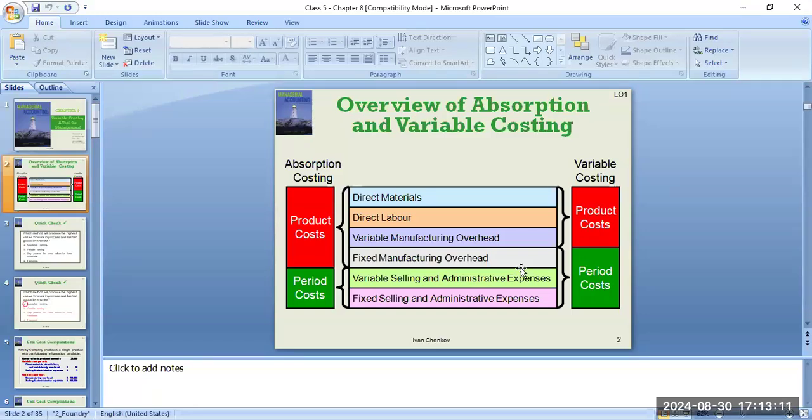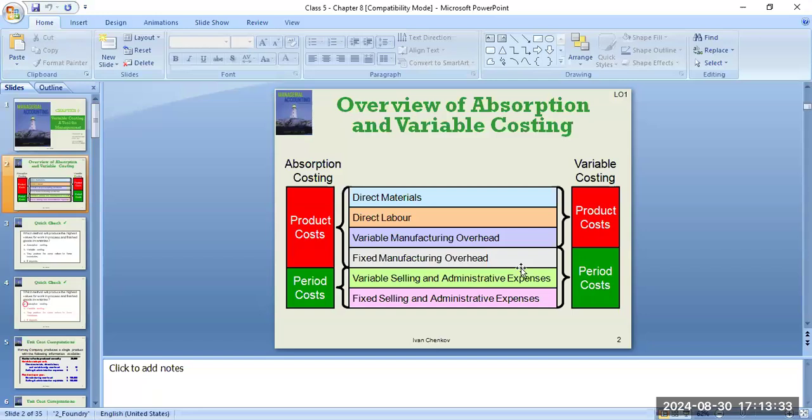The rest of the costs are obviously period costs, which also can be variable or fixed. Since they're not product costs, they're treated as period costs.